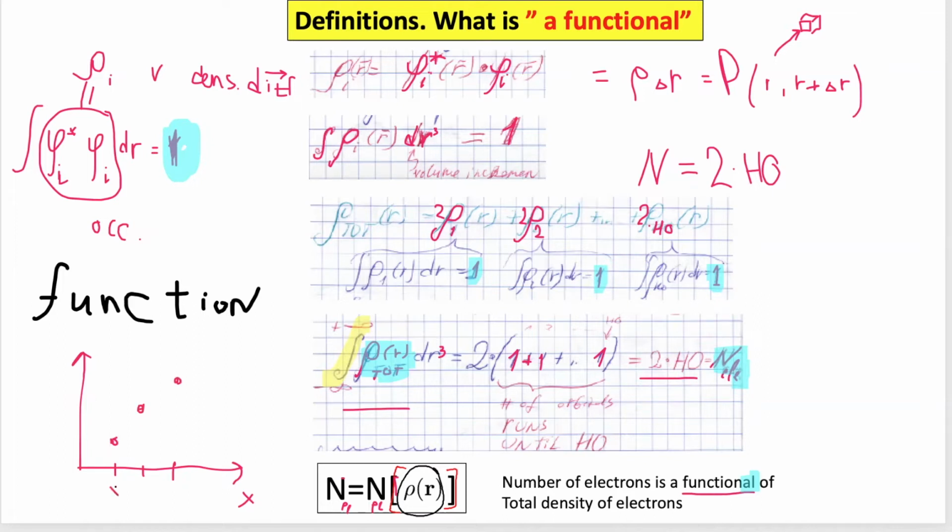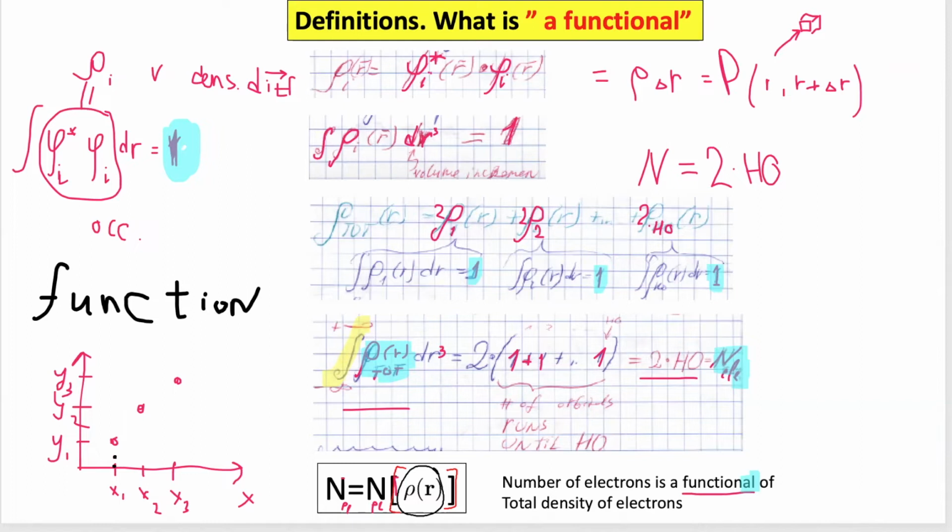So for x1 we get y1, for x2 we get y2, correct? Here we see a little difference.